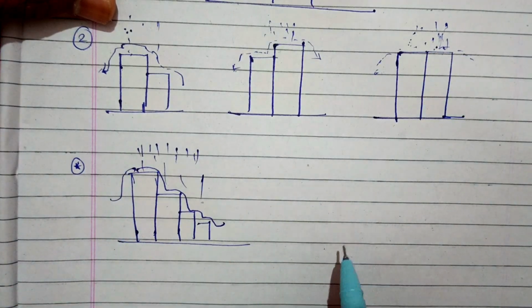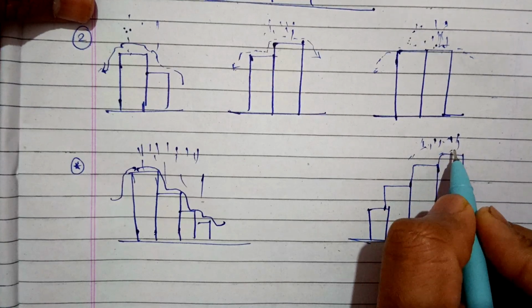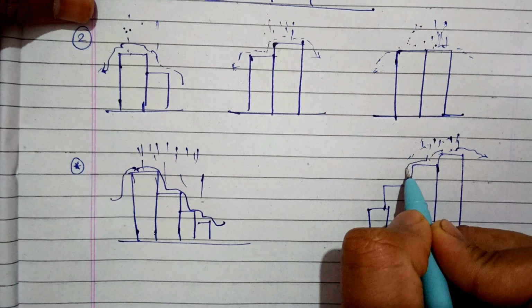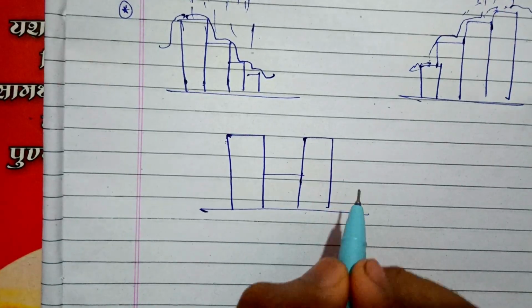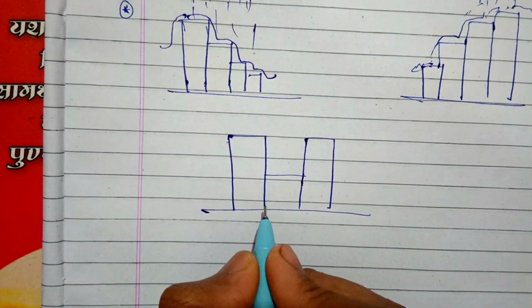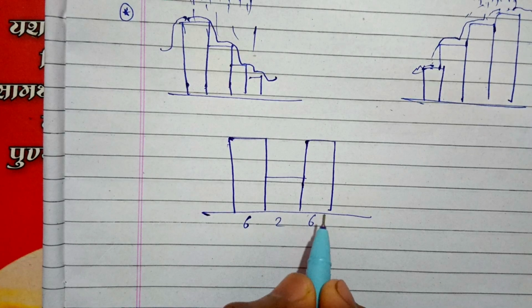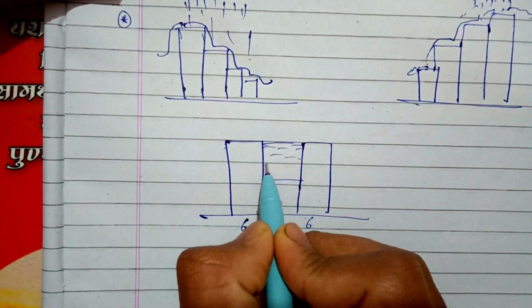On this bar the water will fall and spill outside. So suppose its heights are 6, 6 and 2, then only the water will be trapped on this.